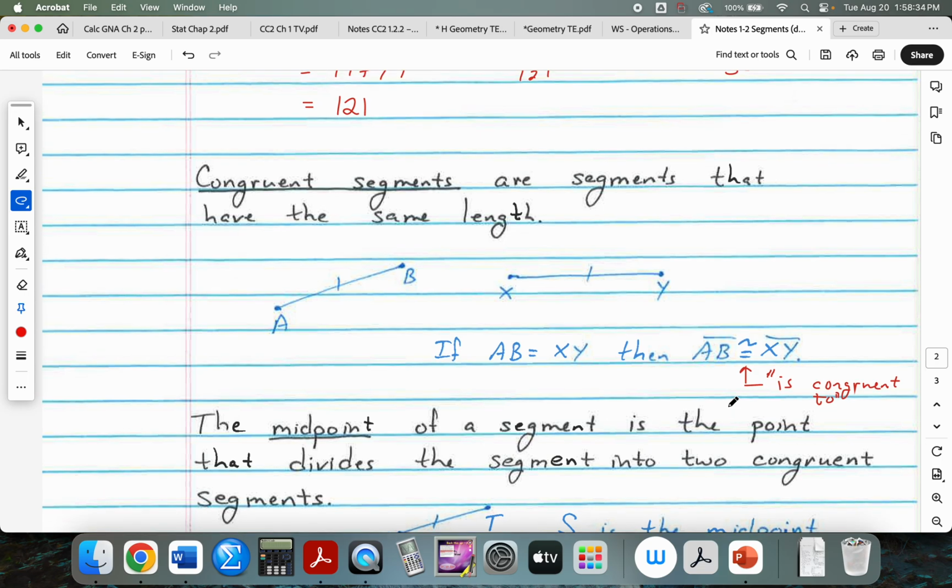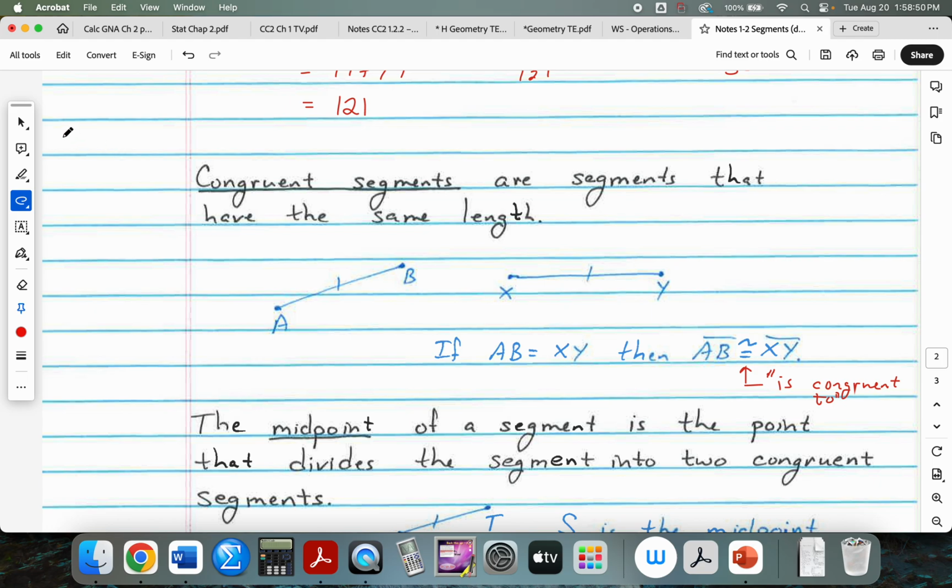I'm going to have you write up here in this line right up here. We're going to use the idea of congruent for more things than just segments.